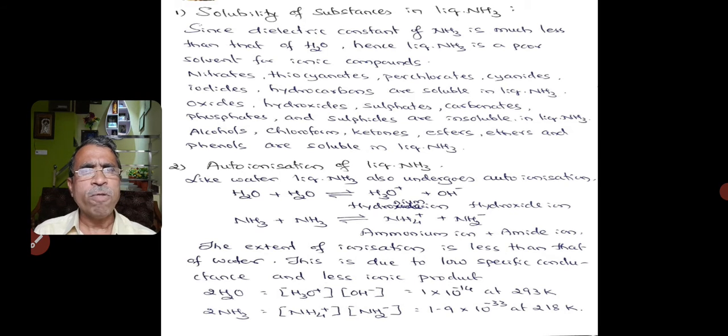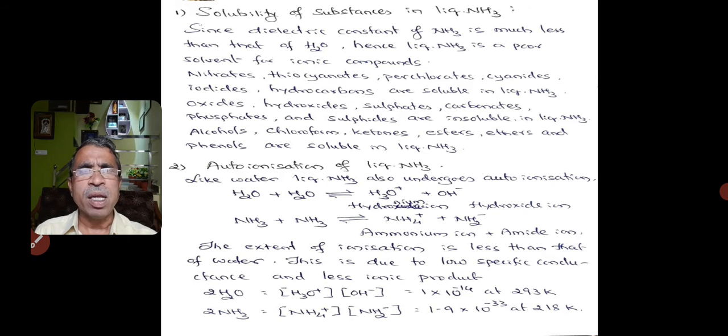The extent of ionization is less than that of water. This is once again due to low specific conductance and less ionic product. We know the ionic product of water is 1 into 10 raised to minus 14 at 293 Kelvin.